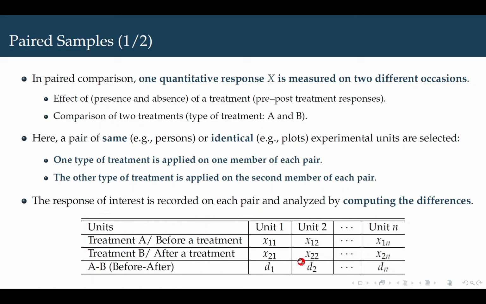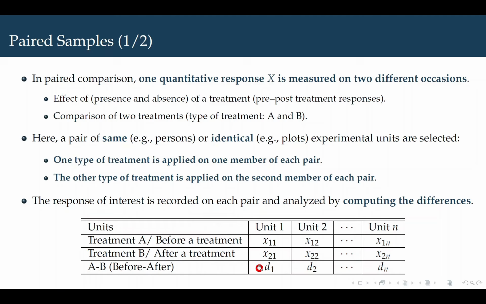If the population mean of these differences is not significantly different from 0, then the particular treatment has no significant impact, or in the case of two treatments, treatment A and B, we can say the two treatments are not significantly different, or both of these treatments have the same effectiveness.